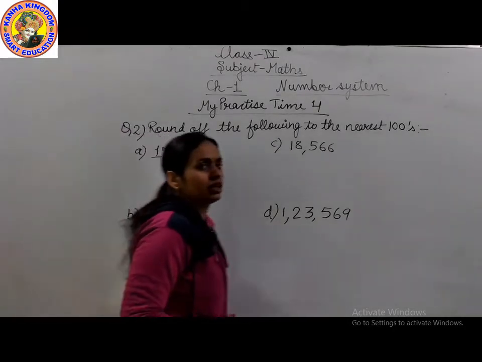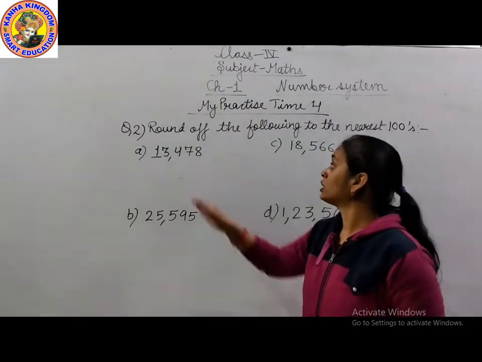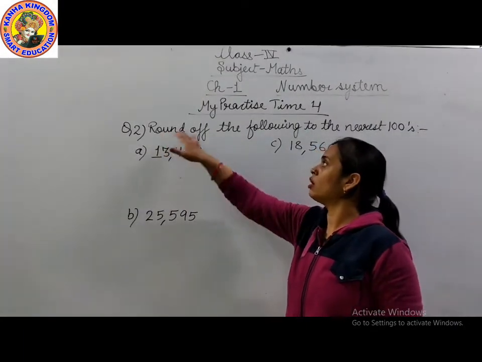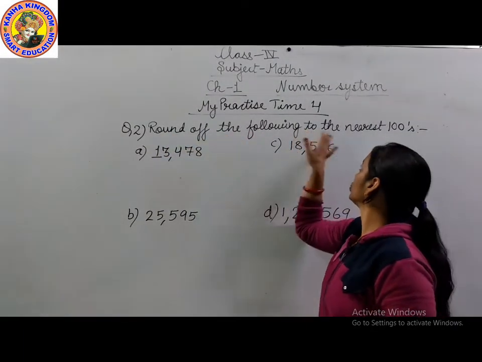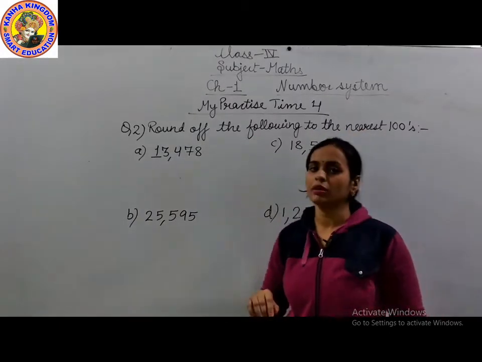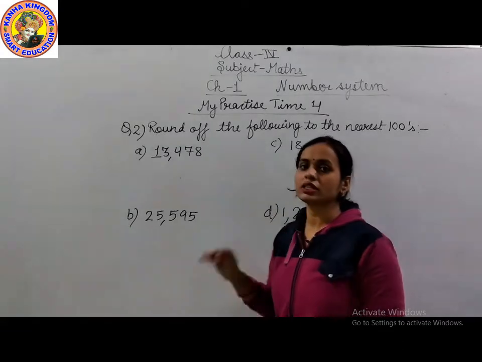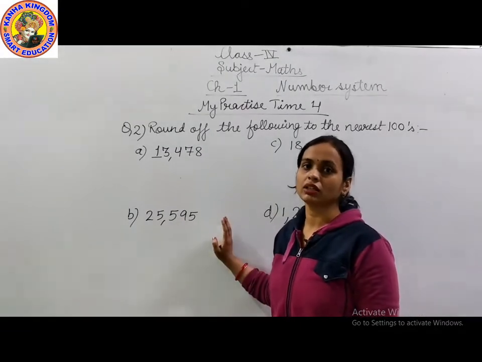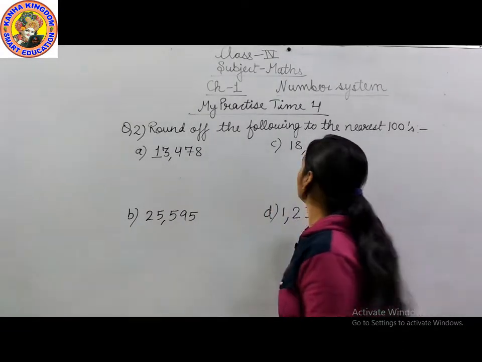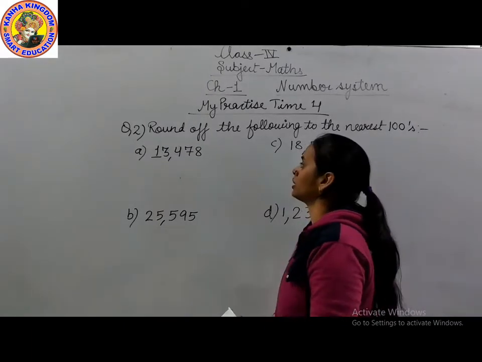Now, next is question number 2. Round off the following to the nearest 100. In the previous question we did the nearest tens, and in this question we round off to the nearest 100.